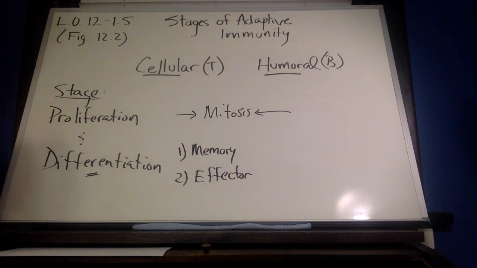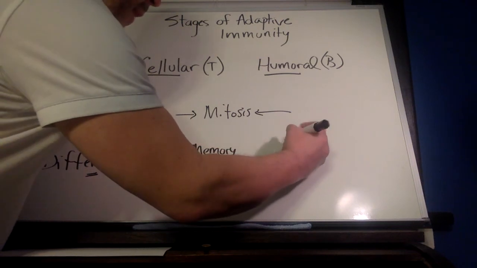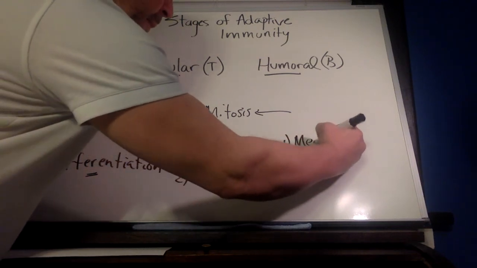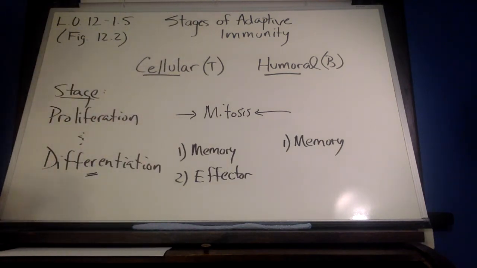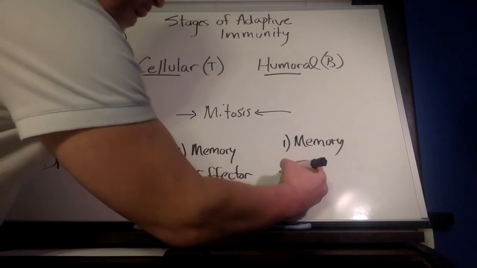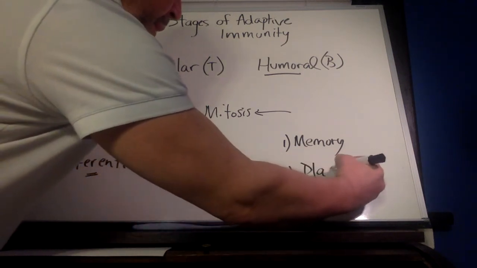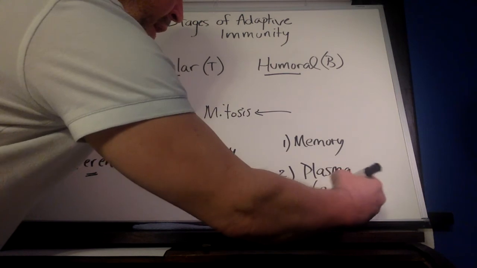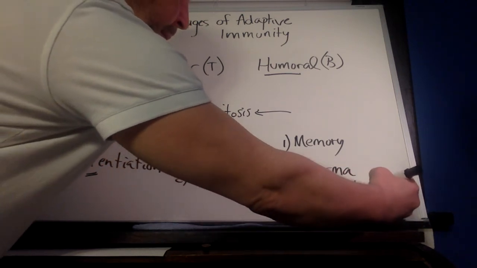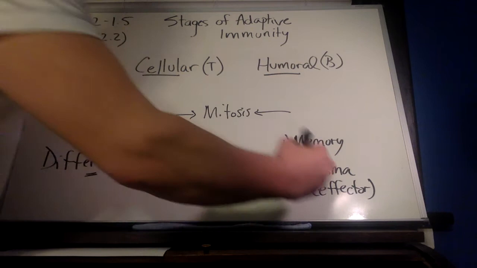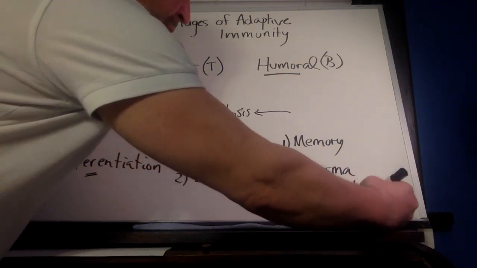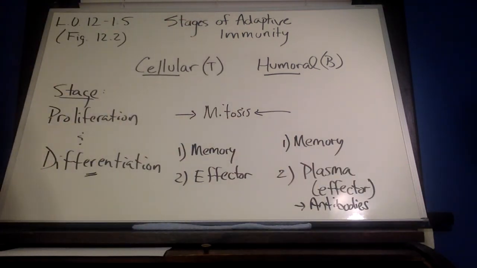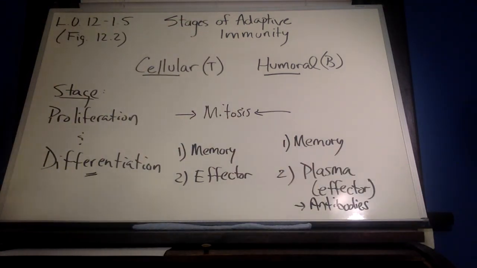B cells, they can also undergo mitosis, and as they differentiate, they will also form memory cells. So both T and B cells will differentiate into memory cells, but B cells will also differentiate into what are called plasma cells. These are the equivalent of effector cells. These are the ones that will create antibodies. So you've been hearing a lot in the news lately about antibodies associated with COVID-19.